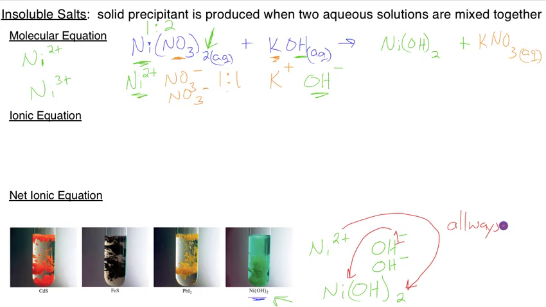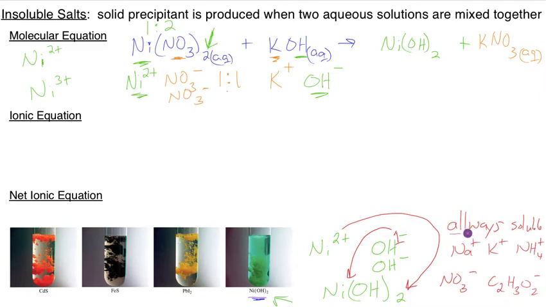Well, one thing you should know is that these ions here I'm about to list are always soluble. And it's sodium, potassium, ammonium are the main cations. And then for the anions, you see nitrate and acetate.